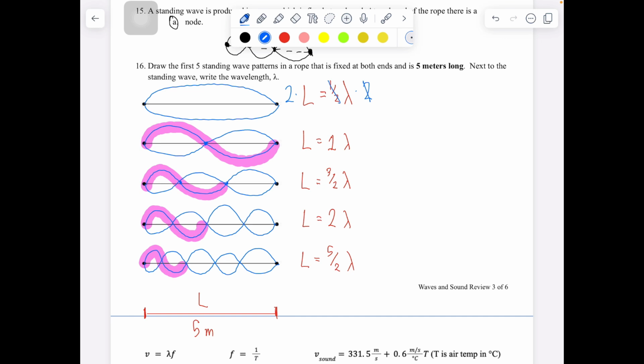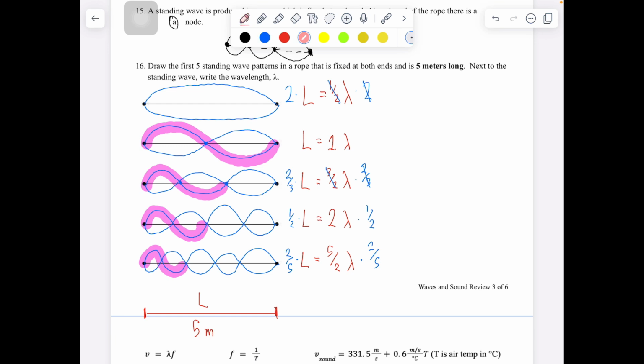Our third pattern, multiply both sides by the reciprocal, 2/3. We'll cancel our 3/2. On this one, 2, how do we cancel that 2? Well, we could divide by 2. We could also multiply by 1/2. And to cancel our 5/2, multiply it by 2/5. This works. You'd just plug in that 5 meters for L, and you'd get your wavelength for each of them.